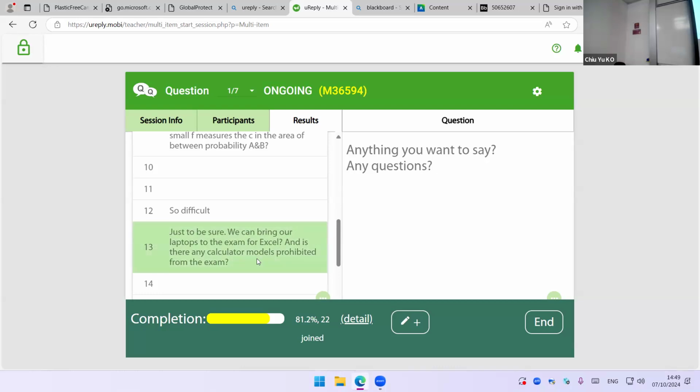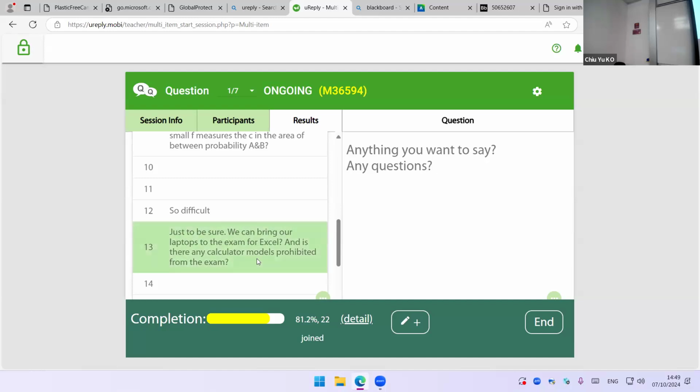Whenever you need Excel, you just write down the formula, then done. Since everyone has a different calculator, the exam will not be very computationally heavy. Just applying some basic formulas, then you're okay. In any case, you can write the Excel formula.